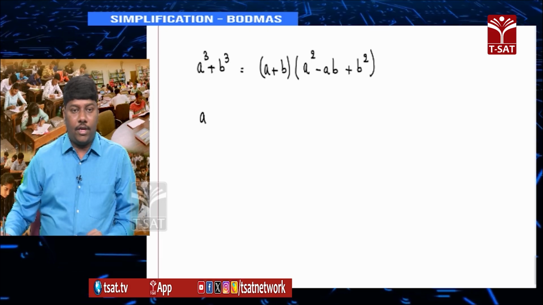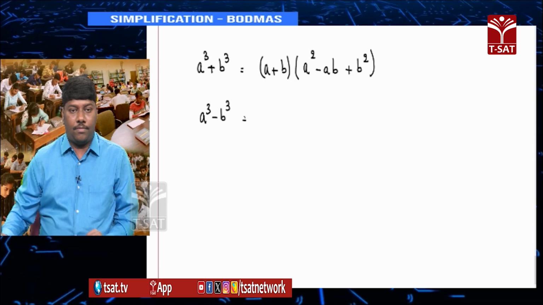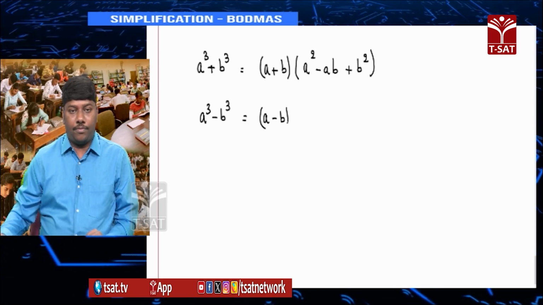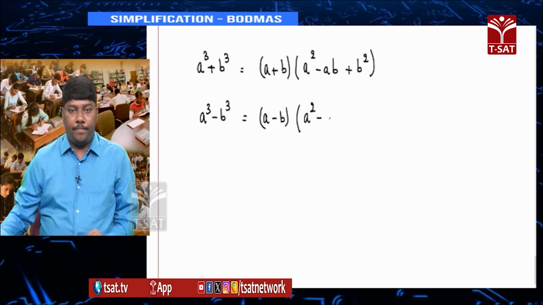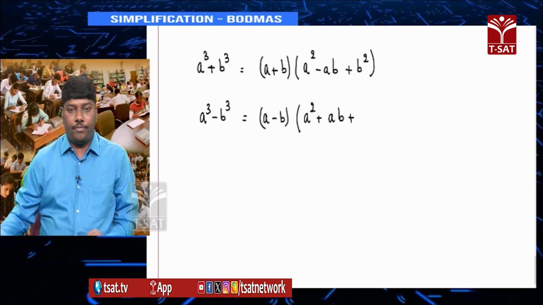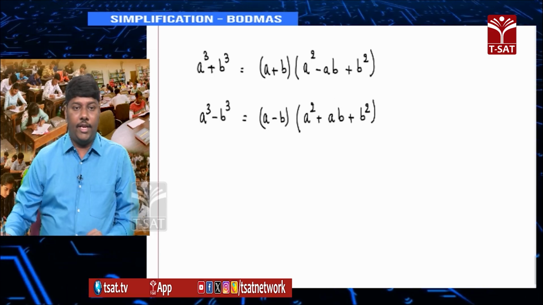If I write a cube minus b cube, take a minus b, gradually decrease the power of a, increase the power of b. This is not only for this, for any odd power.